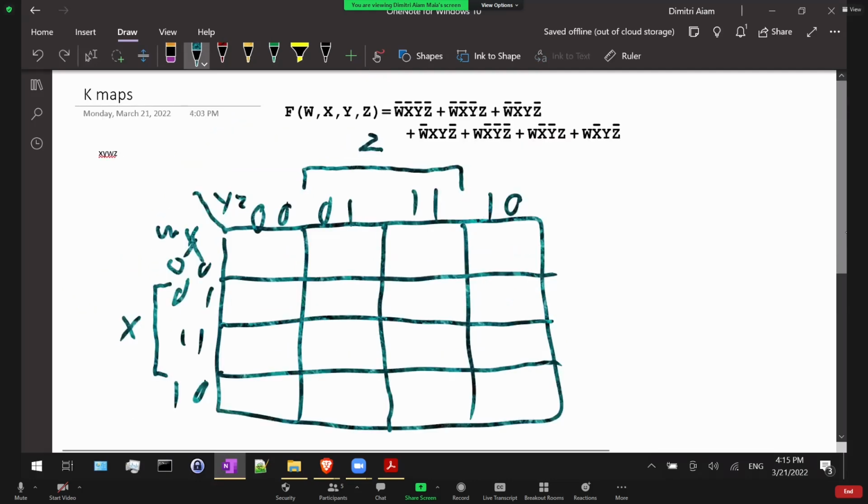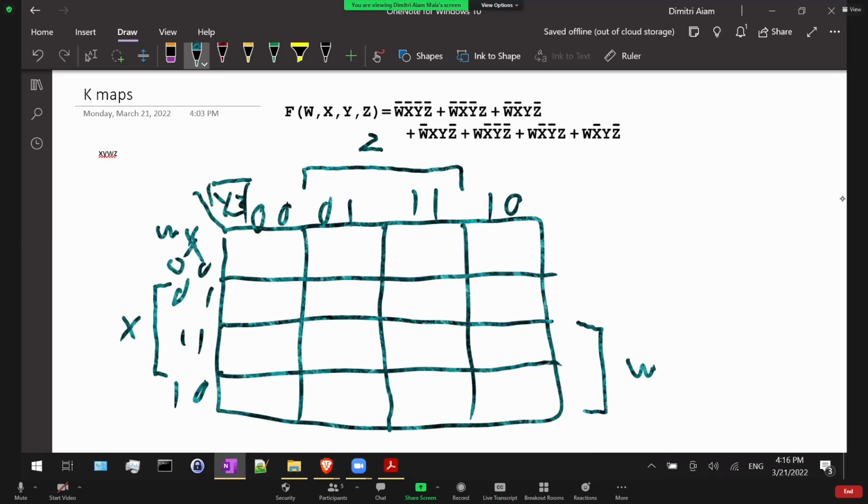Let me draw on the other side so it's clearer. This is W, and this is Y. So each position is a pair, okay? Each pair over here represents the values of those pairs.